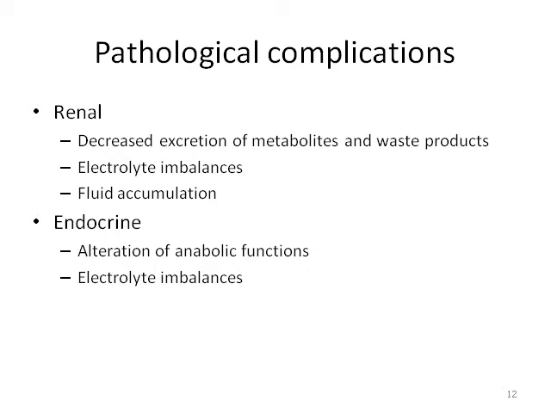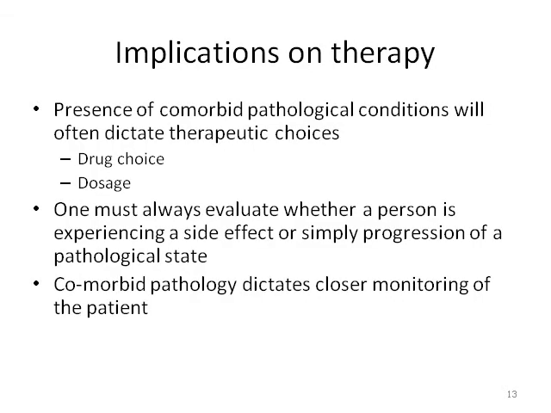We can get fluid accumulation that may occur. All of those can be associated with renal dysfunction. And then in an endocrine dysfunction, we can see electrolyte imbalances. We may also see an alteration of anabolic functions of the body being able to repair itself and to grow and to thrive.